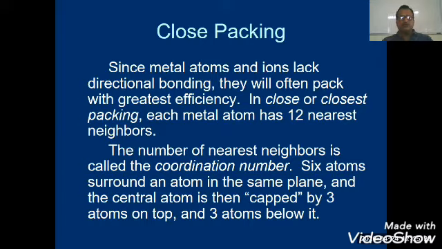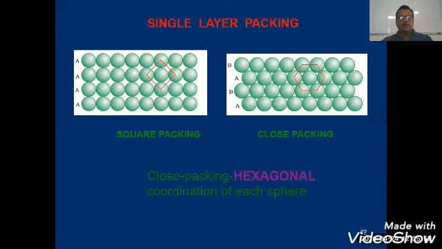The number of nearest neighbors of an atom in a crystal is called its coordination number. So in close packing, the coordination number of an atom will be 12, and each atom is surrounded by the maximum number of atoms. Here I am showing you two figures.